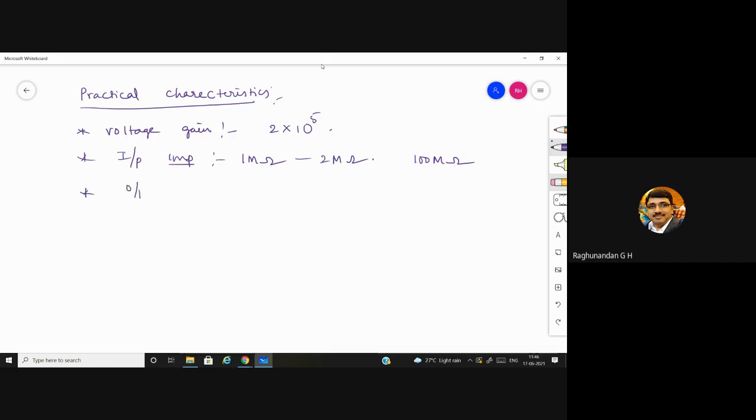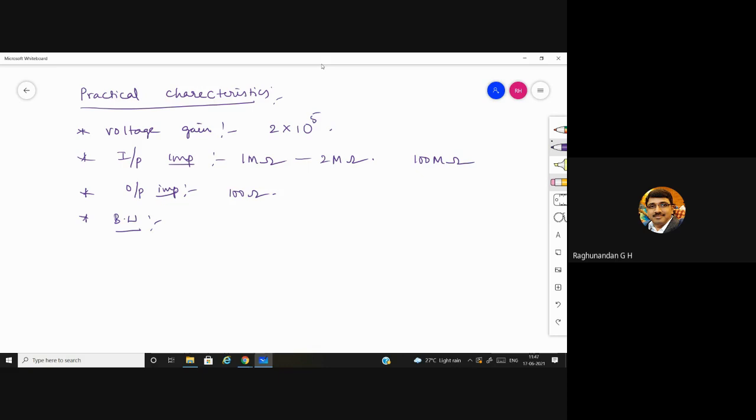Coming to the output impedance, it is usually 100 ohm, and you can even reduce it to 75 ohm by using some feedback resistance connected between the input and output. Coming to the bandwidth, as we know, it is the range of frequency over which output is maximum.